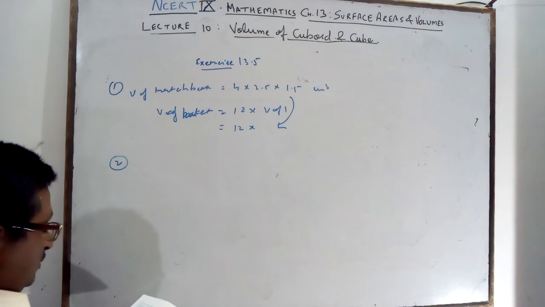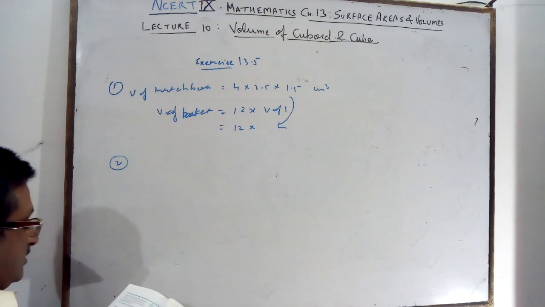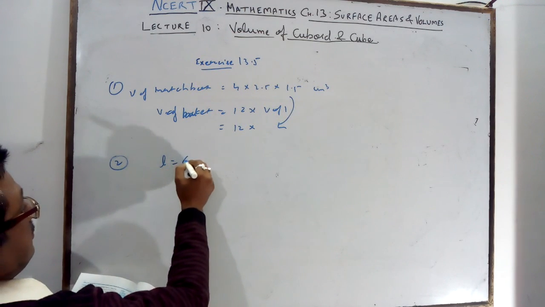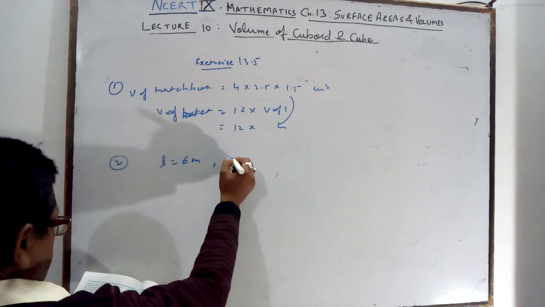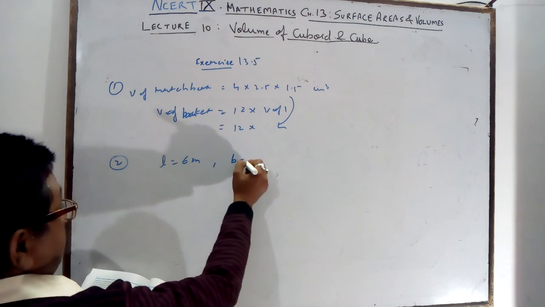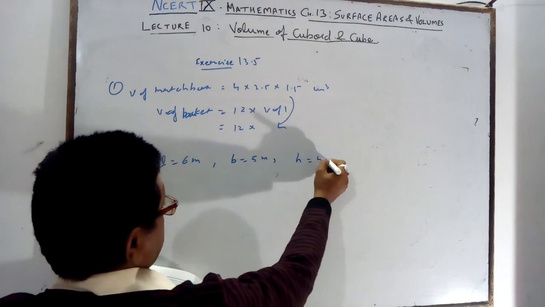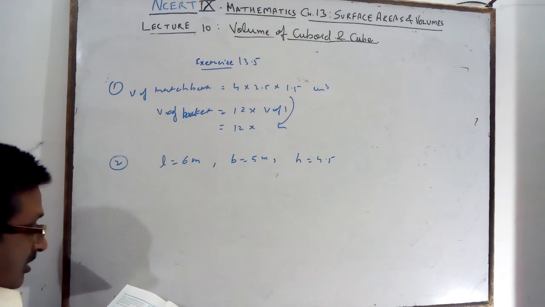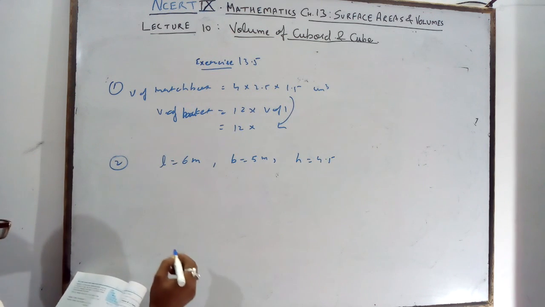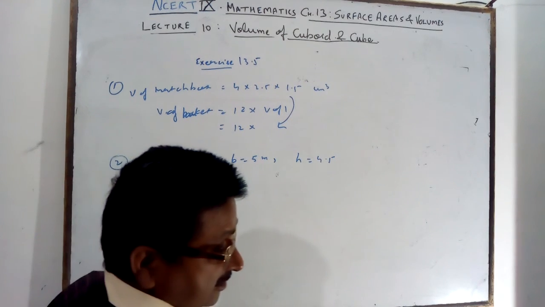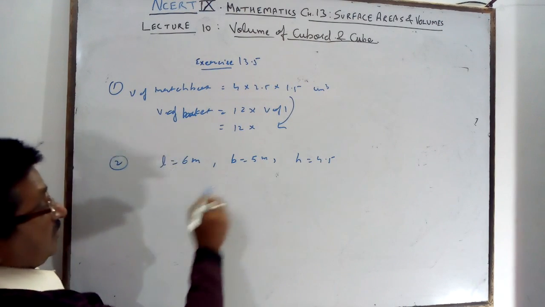Question number 2: a cuboidal water tank is 6 meter long, 5 meter wide and 4.5 meter deep. How many liters of water will be there?